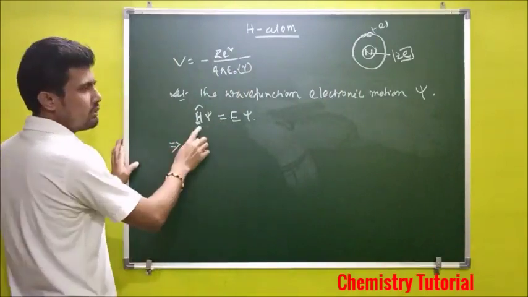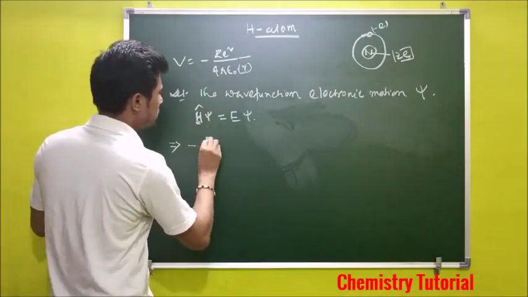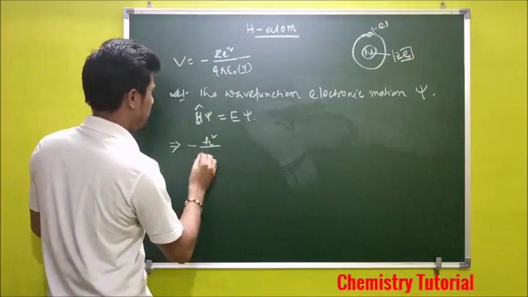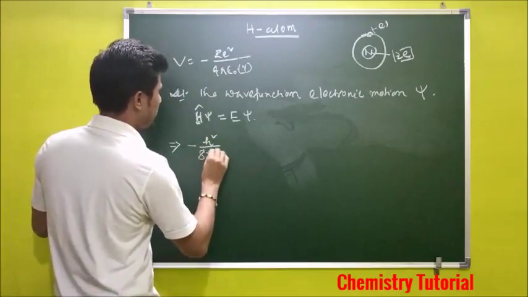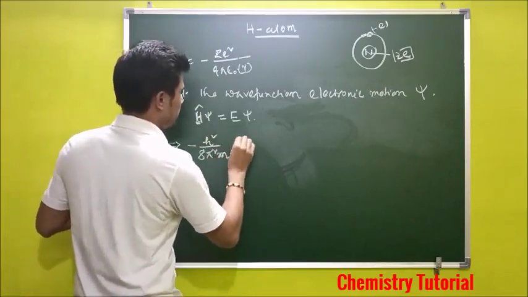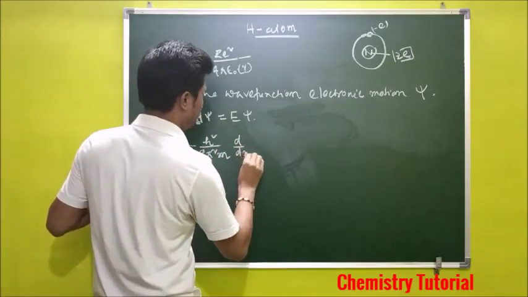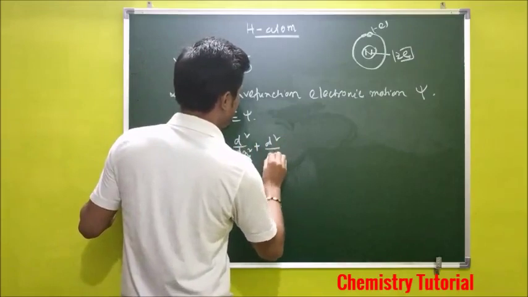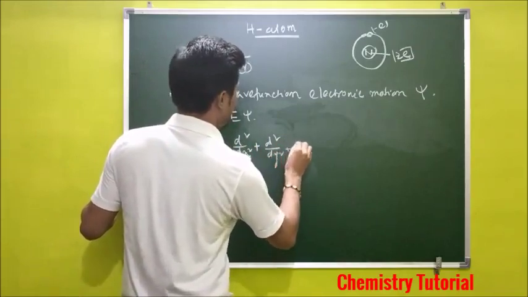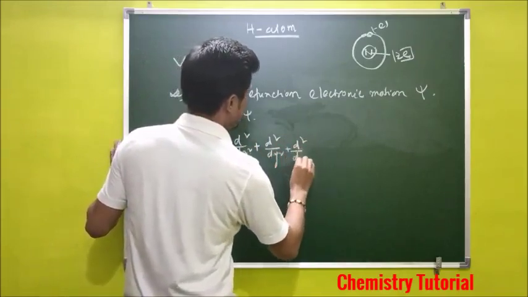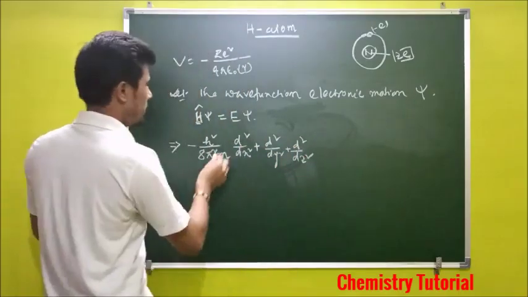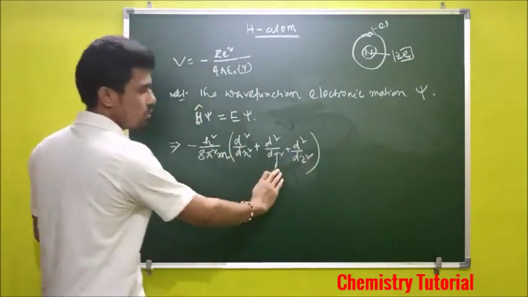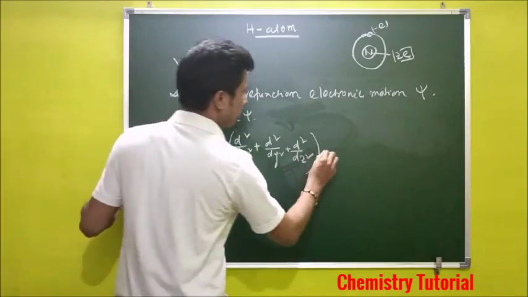we can write the Hamiltonian operator as minus h squared over 8 pi squared m times (d squared by dx squared plus d squared by dy squared plus d squared by dz squared), okay? So this is the kinetic energy operator plus the potential energy operator.